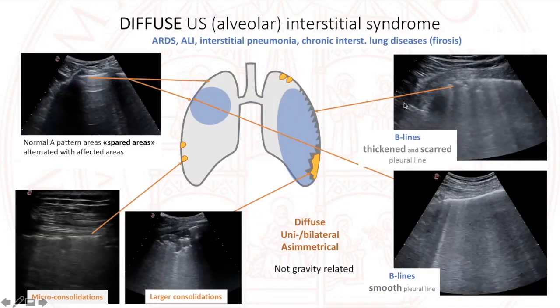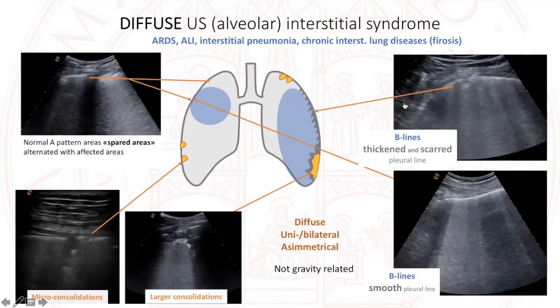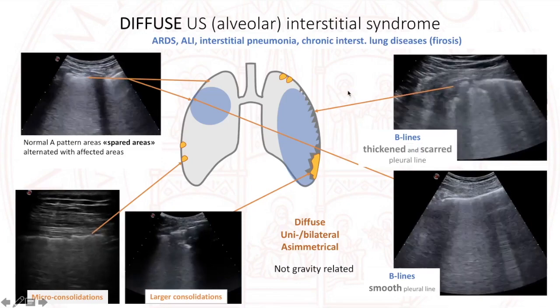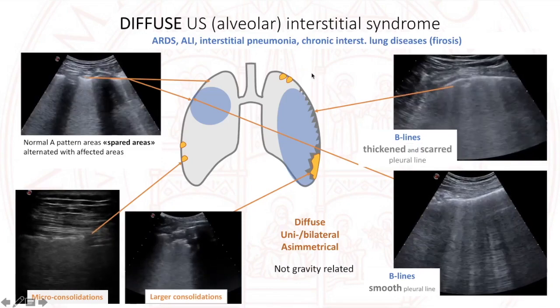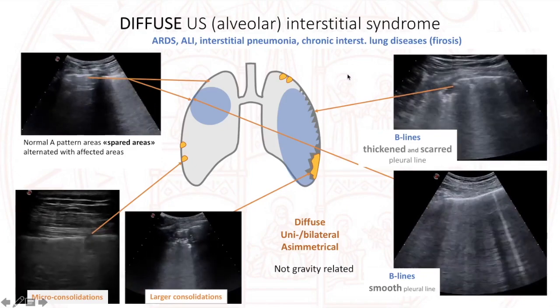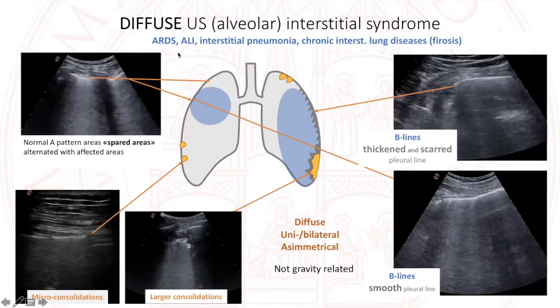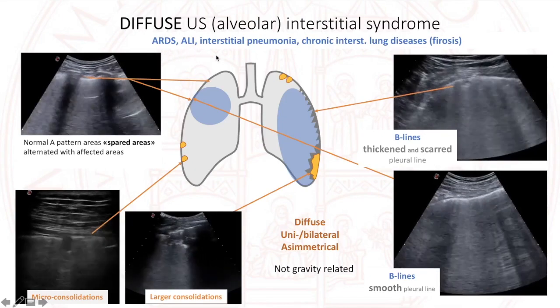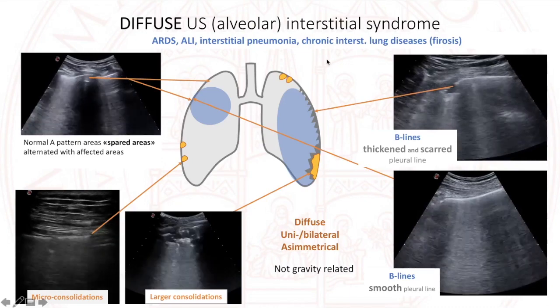And that is very different from this other pathological scenario, which is what we have in inflammatory lung diseases or chronic fibrosis of the lungs, such as in ARDS, acute lung injury, interstitial pneumonia, and so on.